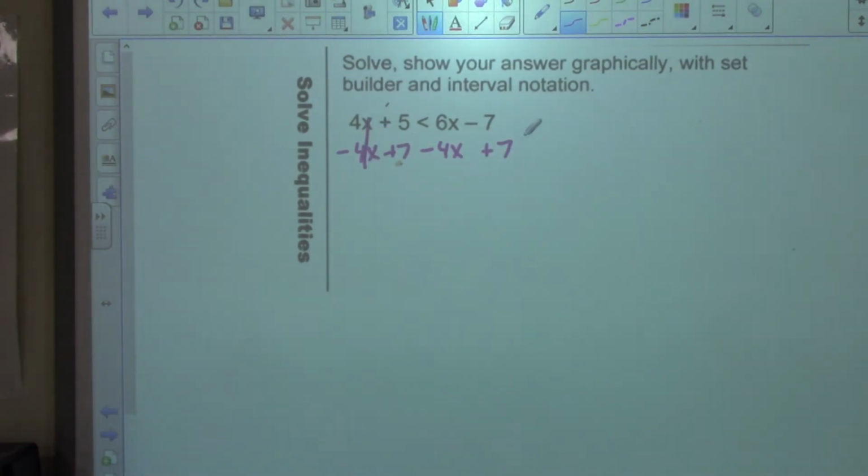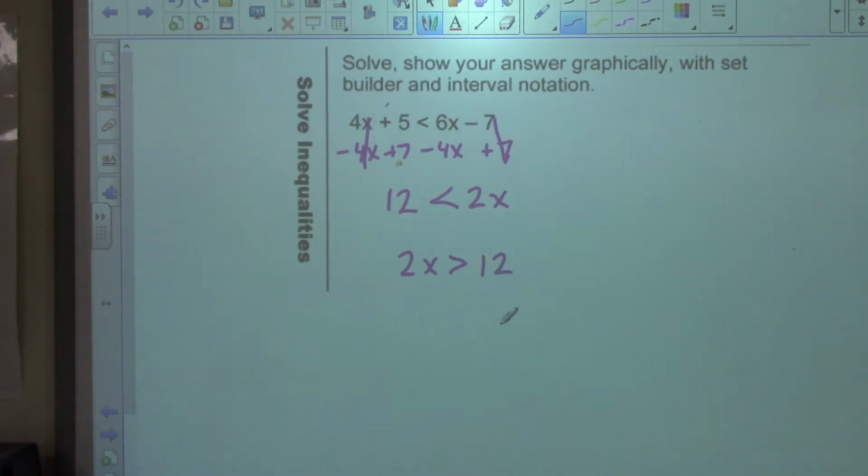And once I do that, on the left side I got 12 is less than 2x. Does that look right? And then again, because of the way I like to solve things, I'm going to rewrite this as 2x is less than 12. Oh, excuse me, I got it wrong, don't I? 2x is greater than 12. Is that right? 2x is greater than 12. Thank you.